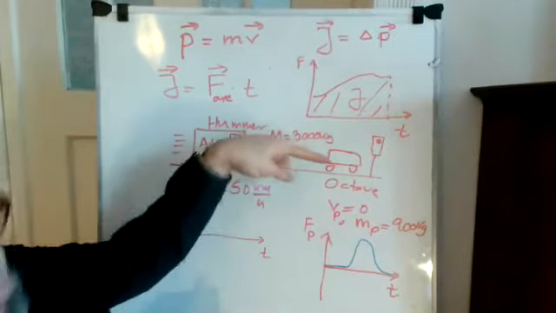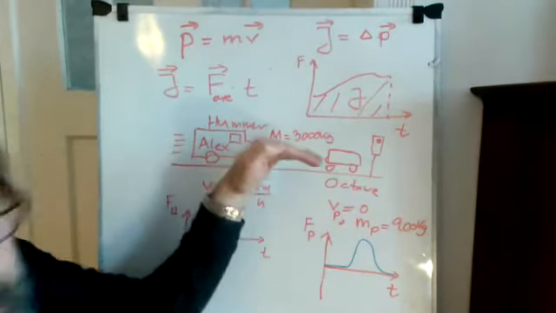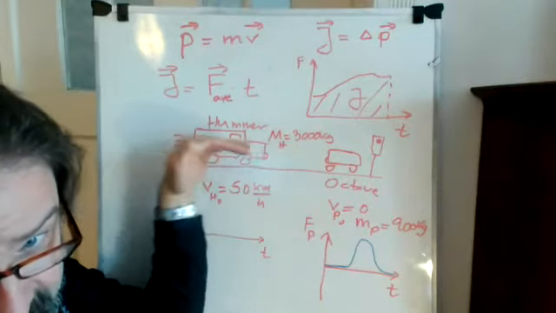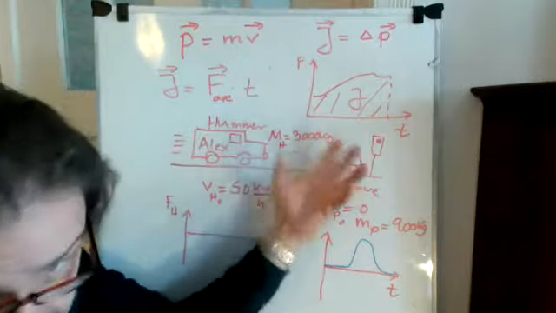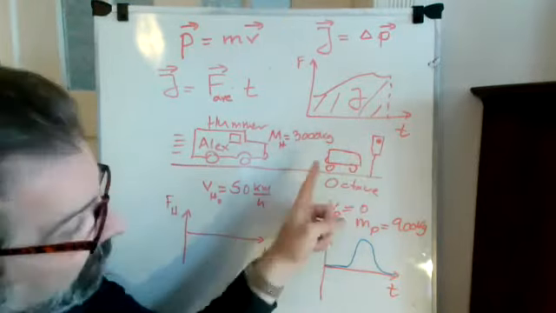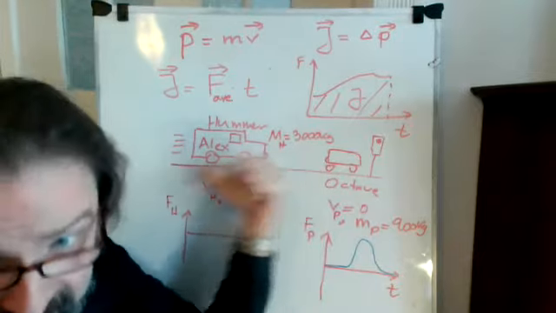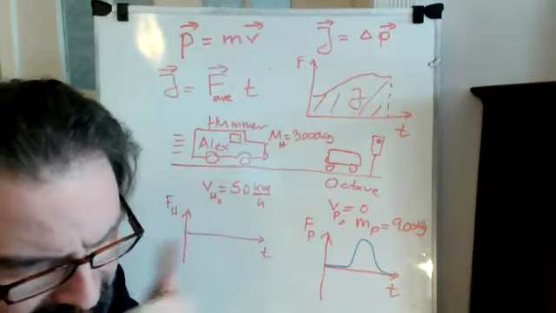FP is to the right because Octave gets accelerated to the right. Alex was moving to the right, but he gets slower in the collision because the Peugeot will act against it, and therefore the force on Alex's car will be to the left.